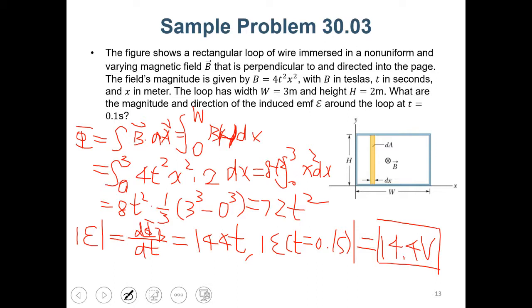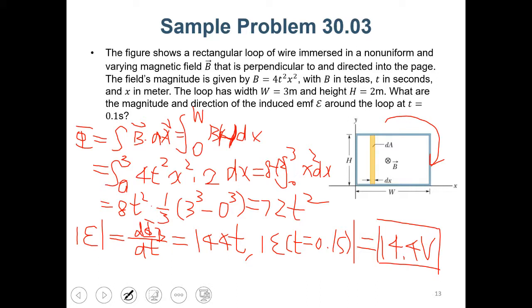Pointing inside is positive, and we find that d phi B dt is positive. So for d phi B dt positive, it should be something like this.